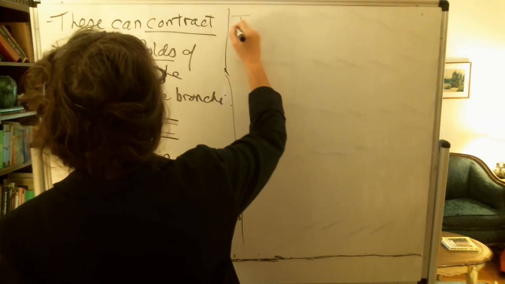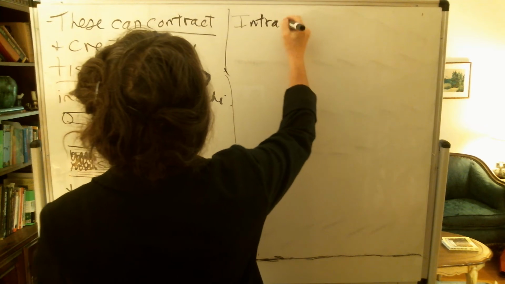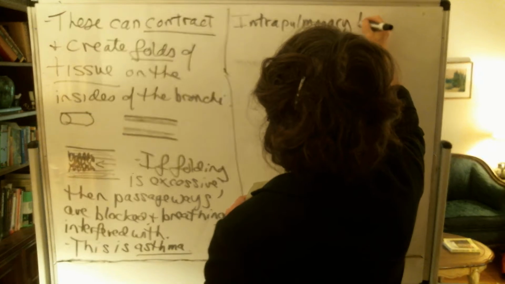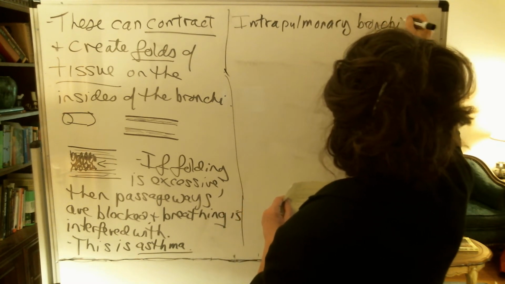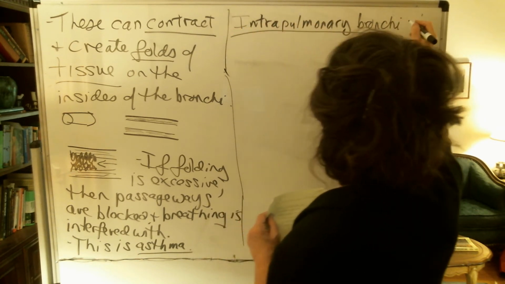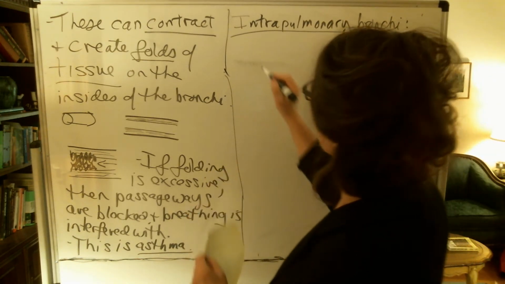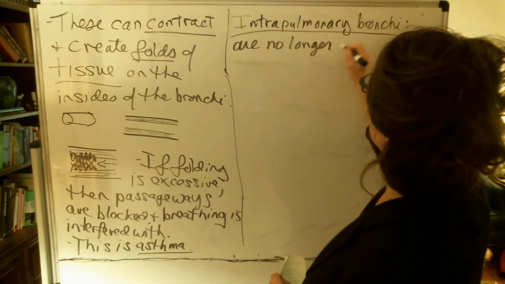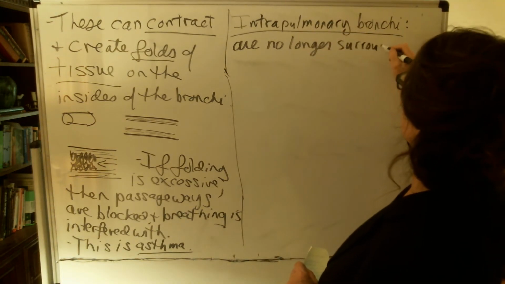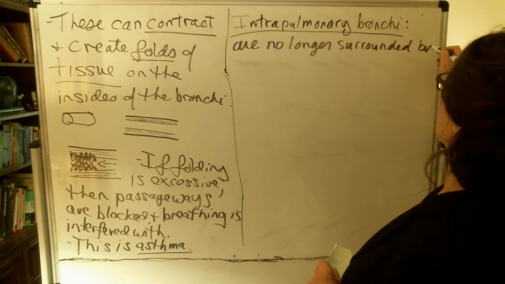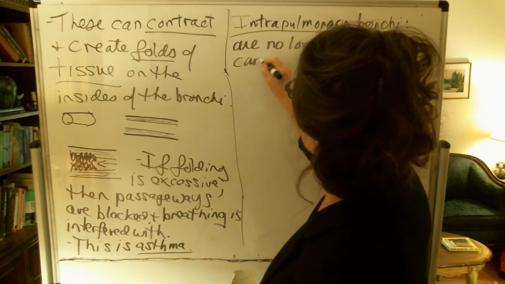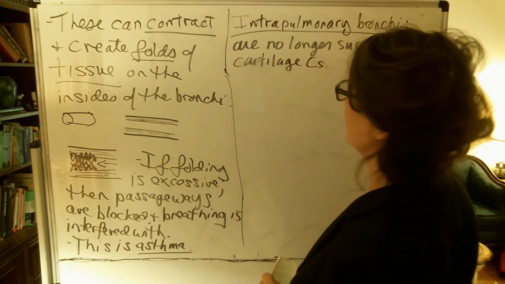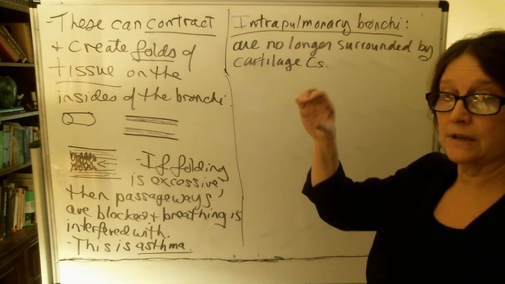But the intrapulmonary bronchi, then, carrying on with their structure, are no longer surrounded by cartilage C's, what I call cartilage C's, those C-shaped rings of cartilage.